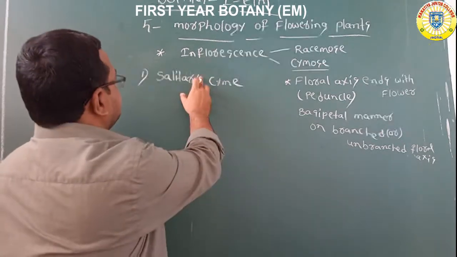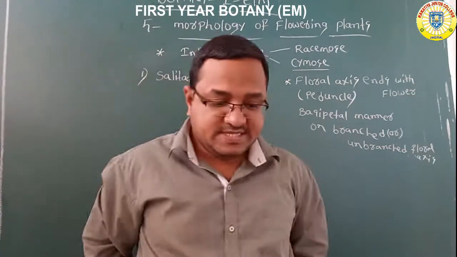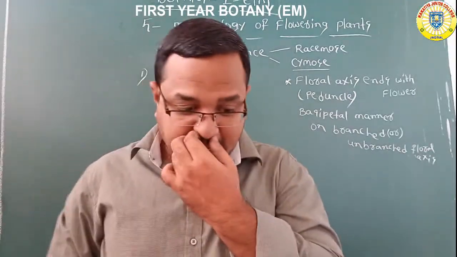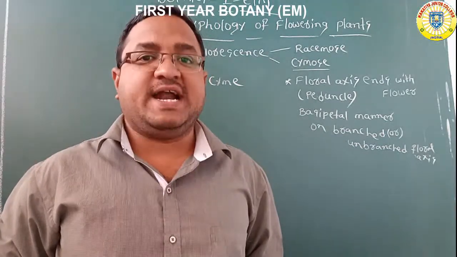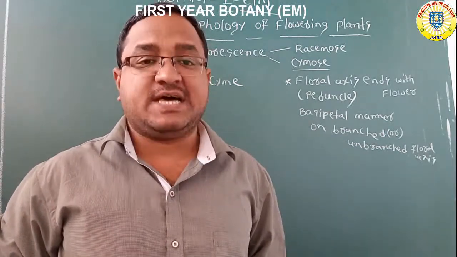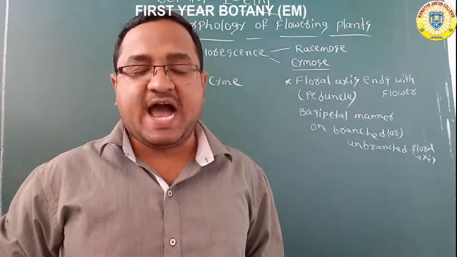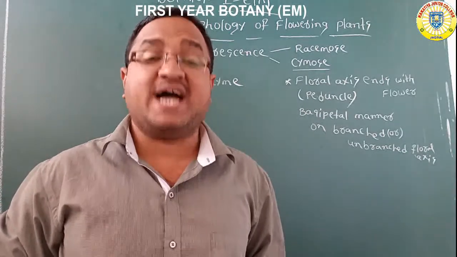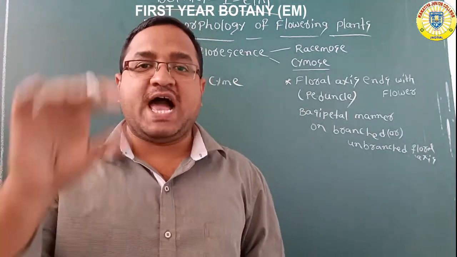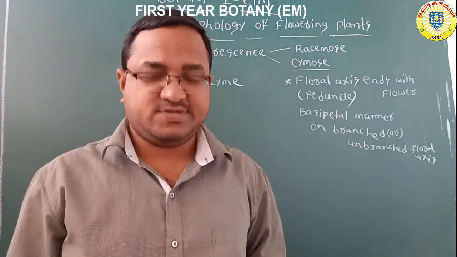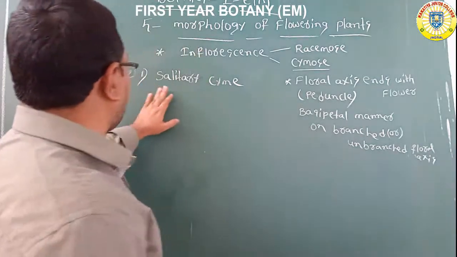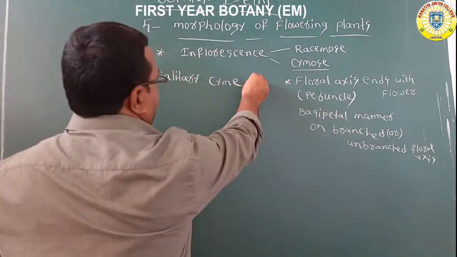But what is a solitary cyme? In a solitary cyme, the floral axis, the peduncle, is unbranched. So this floral axis bears only a single flower. That type of inflorescence is called solitary cyme.